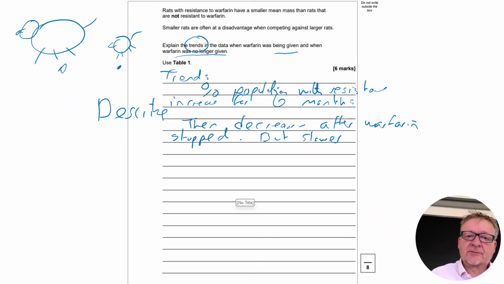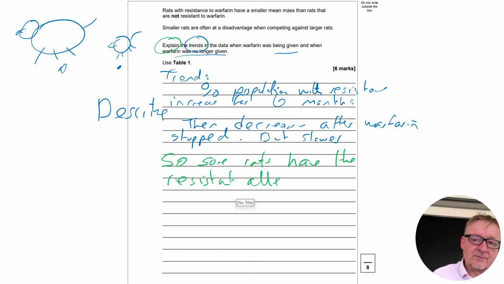Explain it. Okay, because now I've got to explain it. So, some rats have the resistant allele due to a mutation.